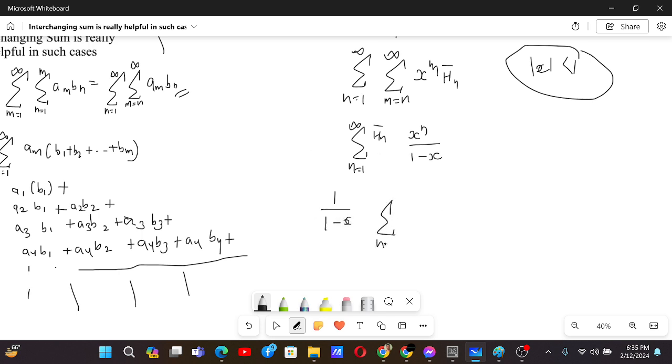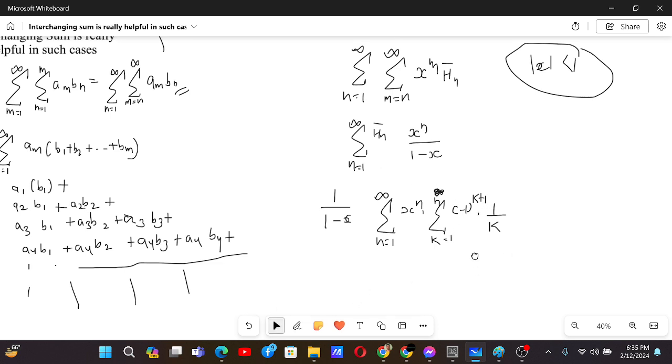Now this is the sum from n equals 1 to infinity, and x to the power n is there, and our Hn is just the sum from k equals 1 to infinity of minus 1 to the power k plus 1 by 1 by k. But wait, it's up to n, not up to infinity. So the sum from k equals 1 to n of minus 1 to the power k plus 1 by k.